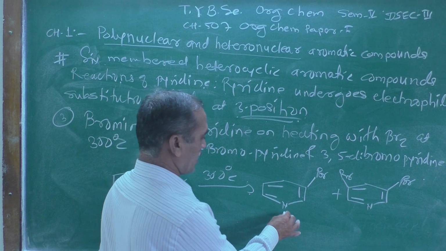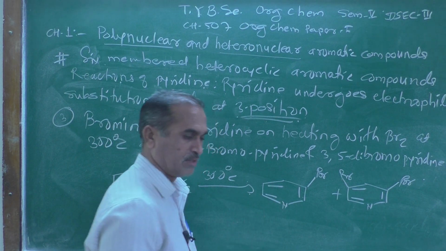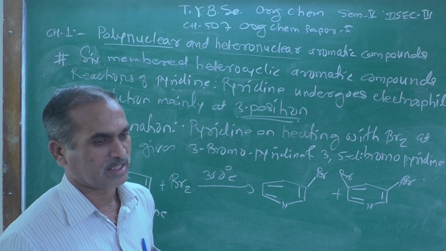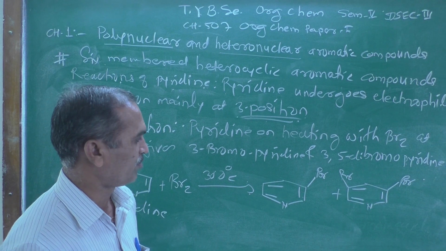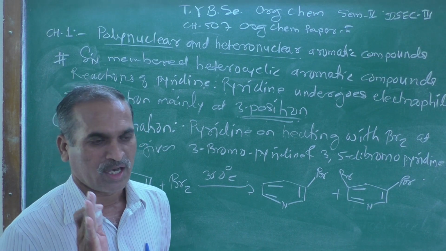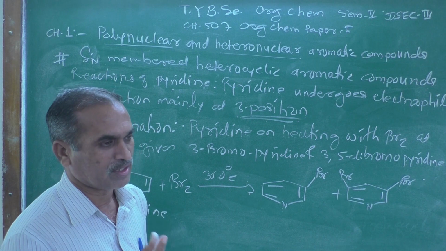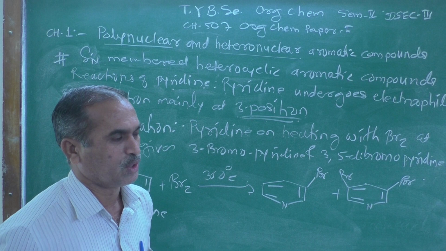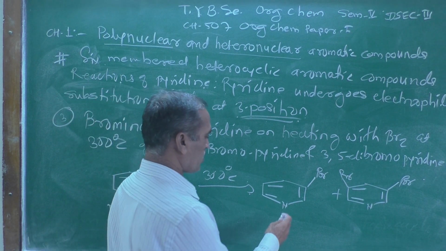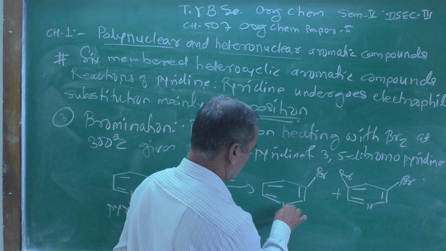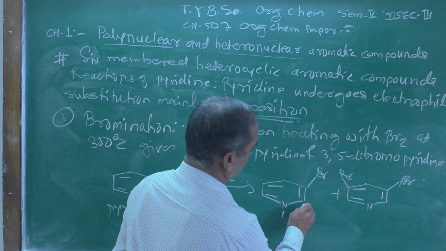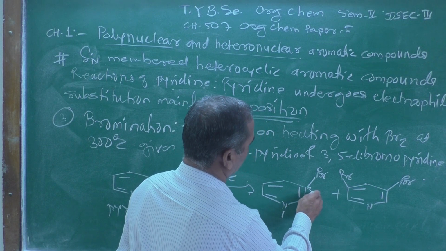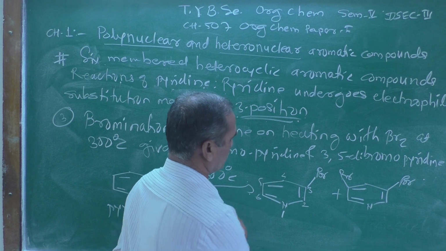Yes, you can give the number. In a heterocyclic compound, whether aromatic or non-aromatic, always give the number in such a way that the heteroatom gets the lowest possible number.